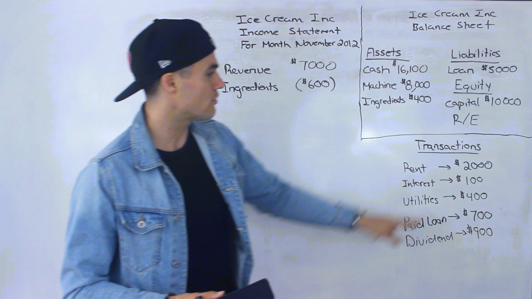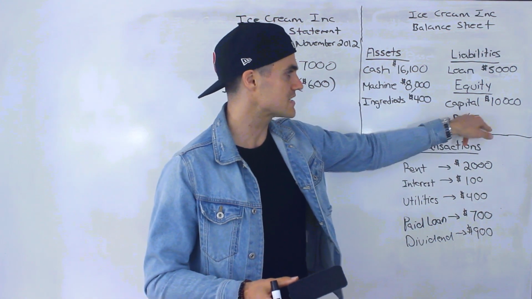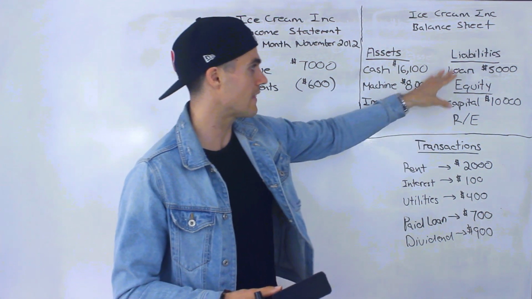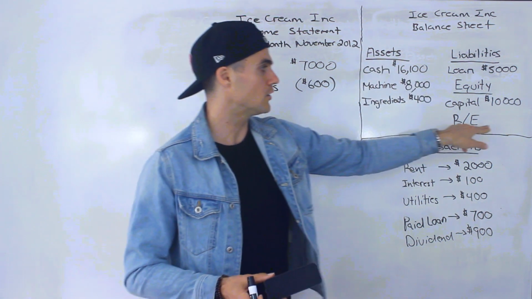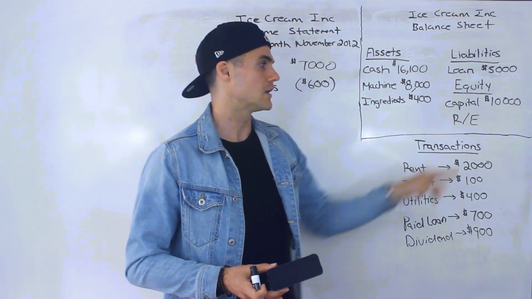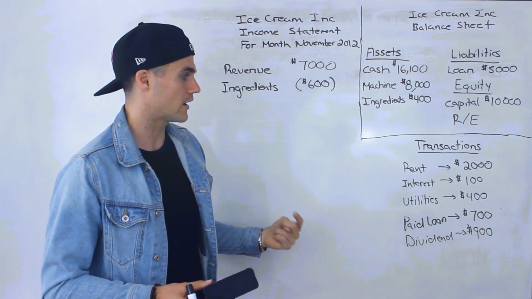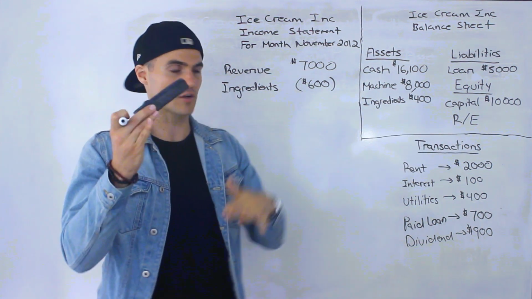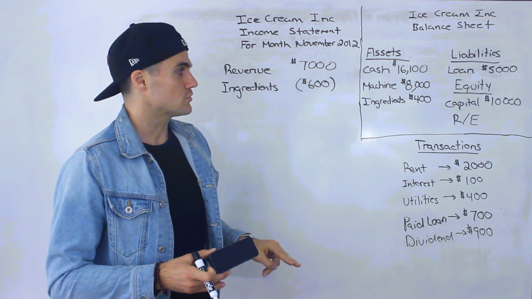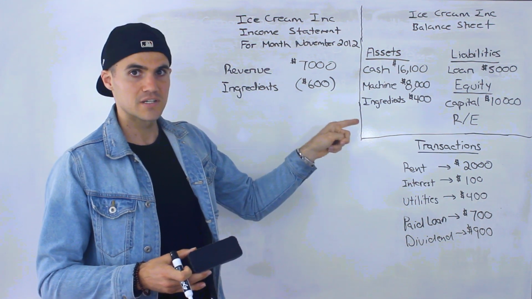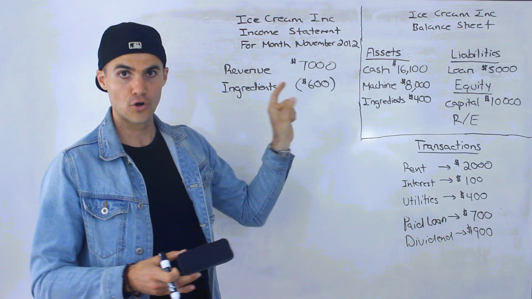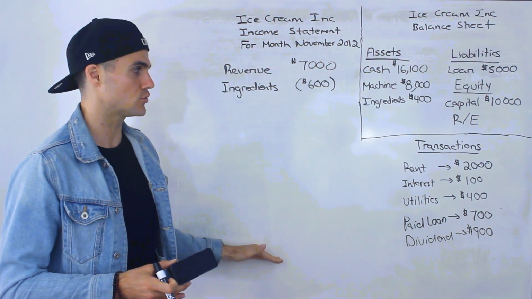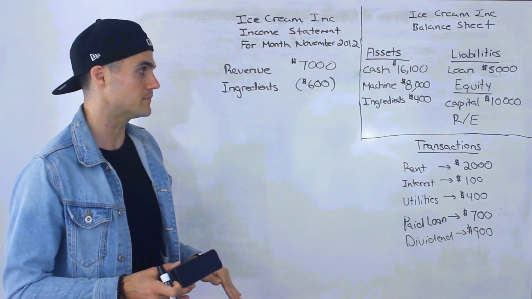Also notice this retained earnings here. The last number we had was the 9,500, and that was making both of these sides balance. I kept it blank for now for 2 reasons. Number 1, a bunch of these transactions are going to affect that retained earnings account, so it's going to fluctuate. And number 2, I want to get that ending retained earnings amount for November 30th, 2012 from the statement of retained earnings, which I'm going to present in a little bit.